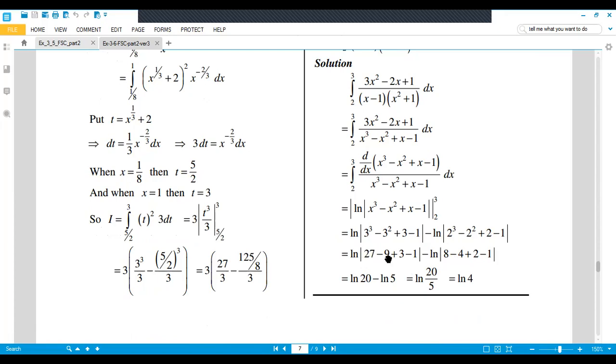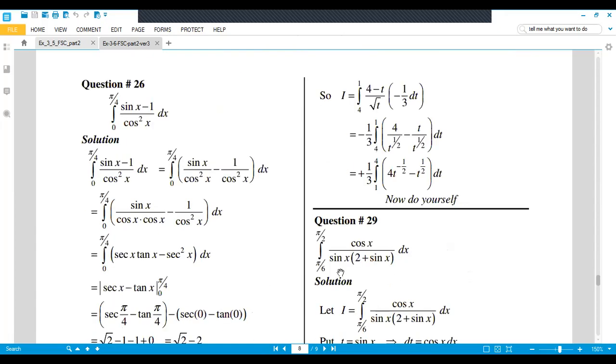Now 27 minus 9 is 18, 18 plus 3 is 21, 21 minus 1 is 20, and here 8 minus 4 is 4, 4 plus 2 is 6, 6 minus 1 is 5. So natural log of 20 minus natural log of 5. You know that if you convert it into a single natural log, 20 over 5, that will be natural log of 4.